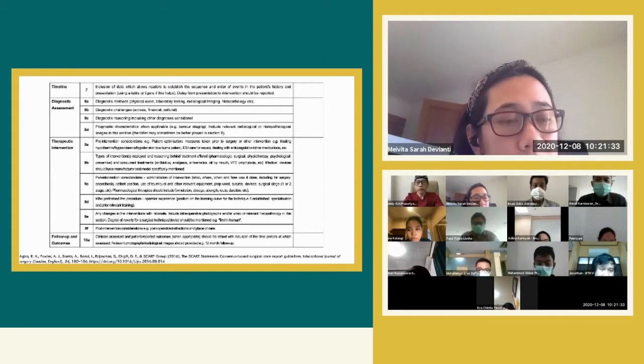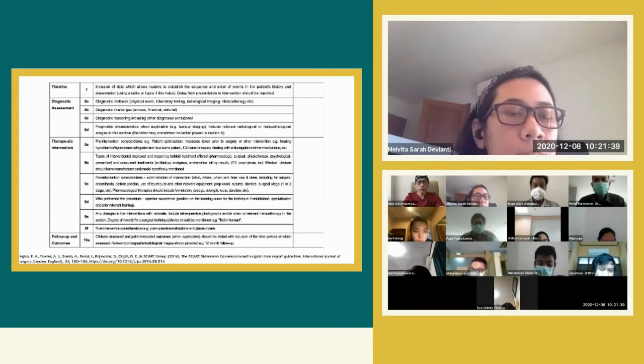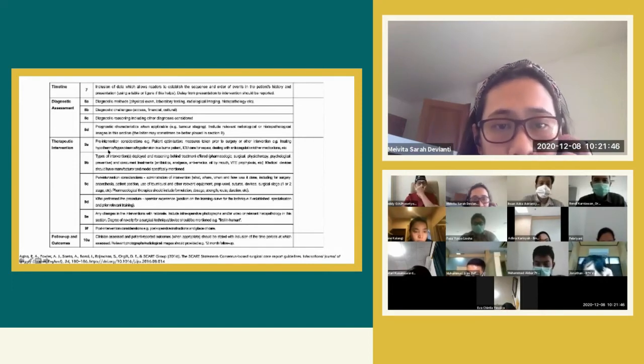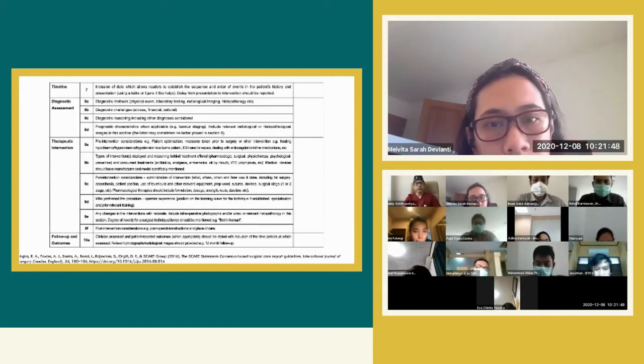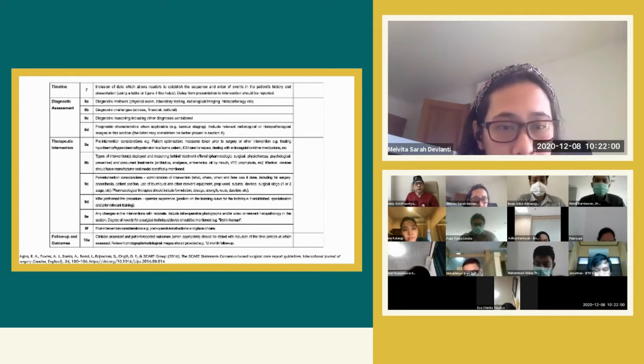After the diagnostic assessment, we move on to the therapeutic intervention. This is the kind of management we do to the patient. 9A is pre-intervention consideration, before we do the intervention, what we do to the patient. 9B is the type of intervention. 9C is what we do in the middle of the intervention and why we are doing it.